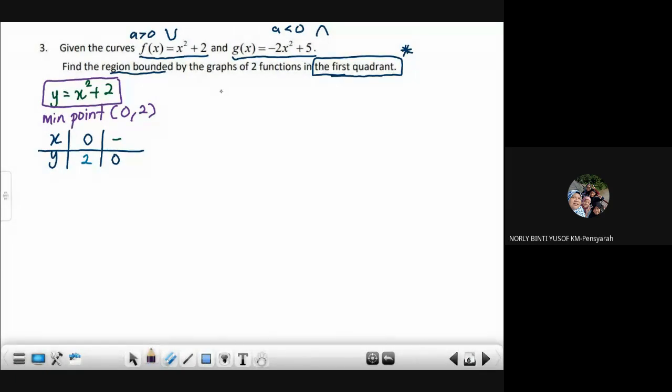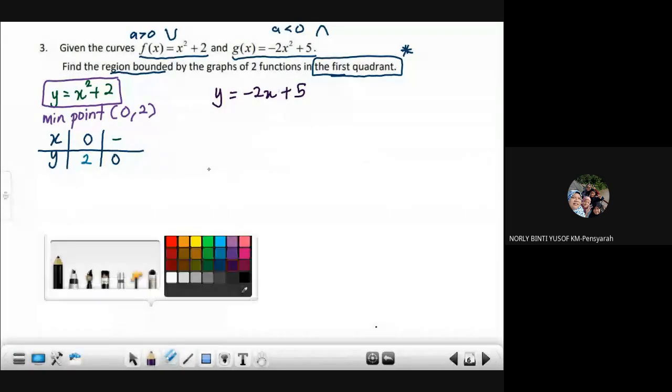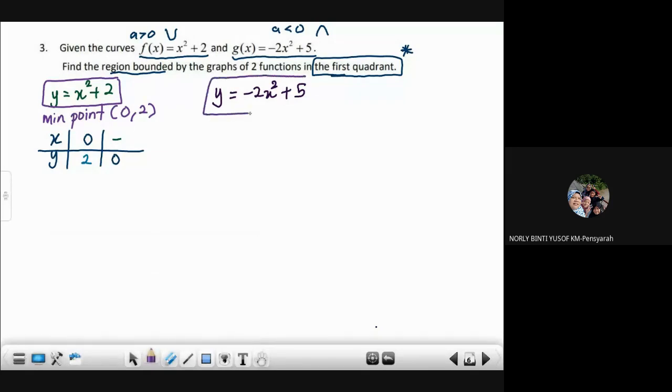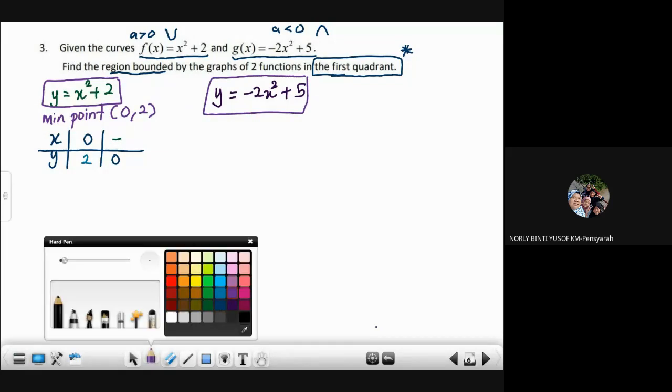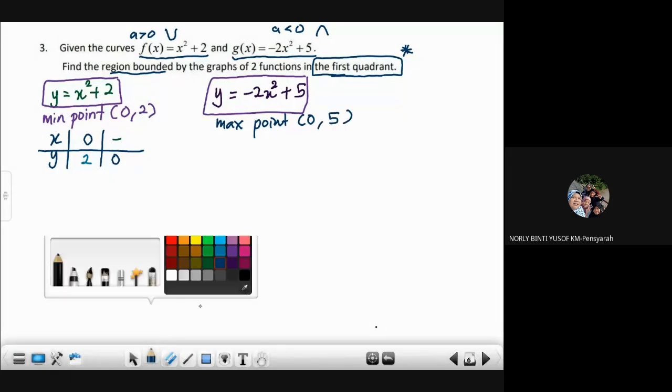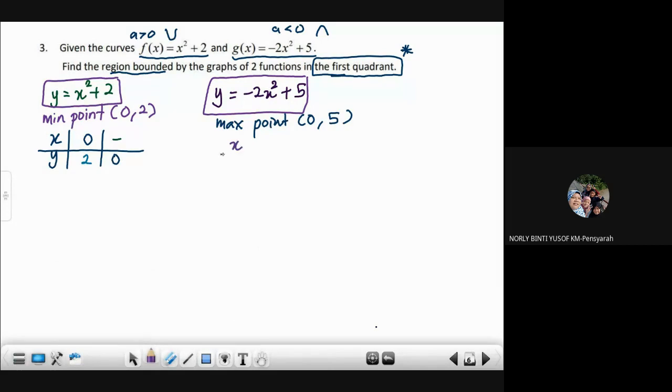Okay, ni pun sama untuk graf yang kedua. Negative 2x squared plus 5. Okay, so the maximum point you boleh nampak 0 and 5. So maximum point 0 sebab dalam ni kosong, x equals to 0 lah kan. 0, 5. Okay, sama juga dia punya intercept.